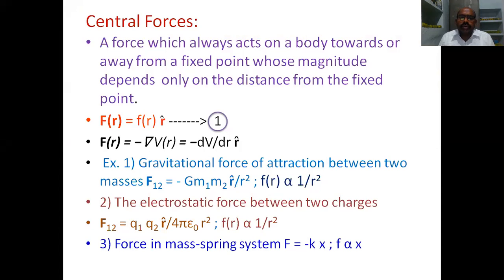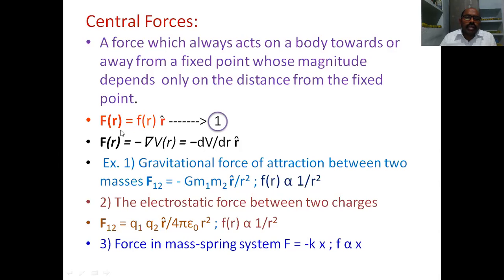So that force is called central force. The central force always acts towards a point or acts away from a point. We can treat the point as a source.